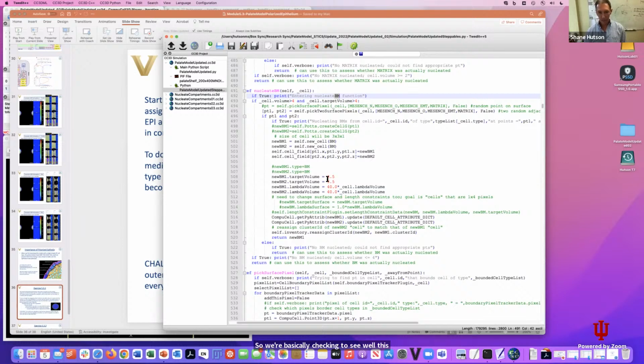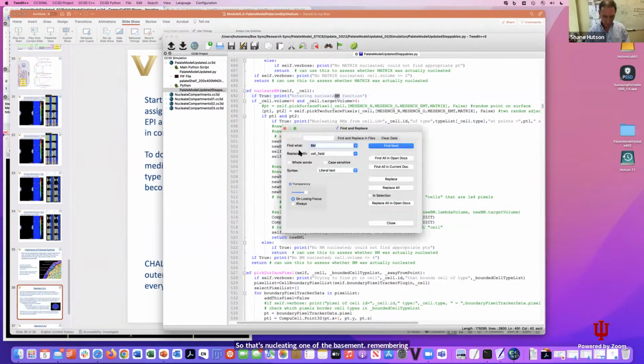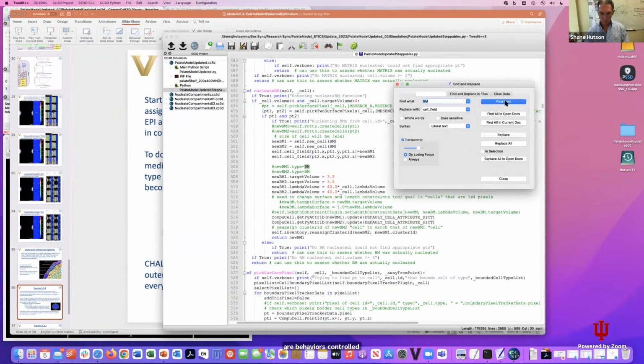It gives a target volume of 3.5. So it wasn't just 2 points, it's 3.5, and a really high lambda volume, to make sure that they don't disappear, and just adds them in. So that's nucleating one of the basement membranes. Let me see if I can find the other part about how their behavior is controlled. Okay, lots of examples of BM showing up there.